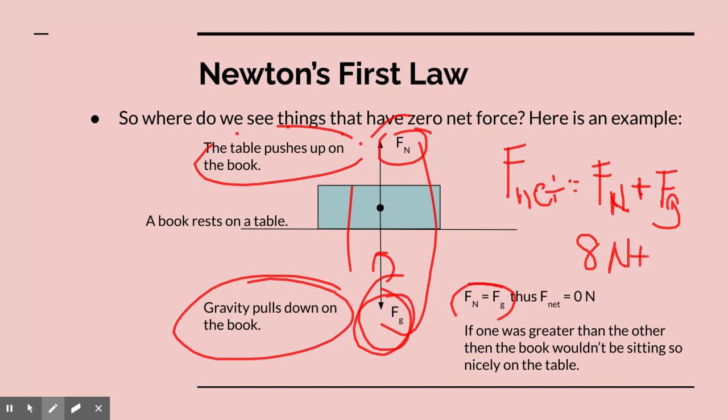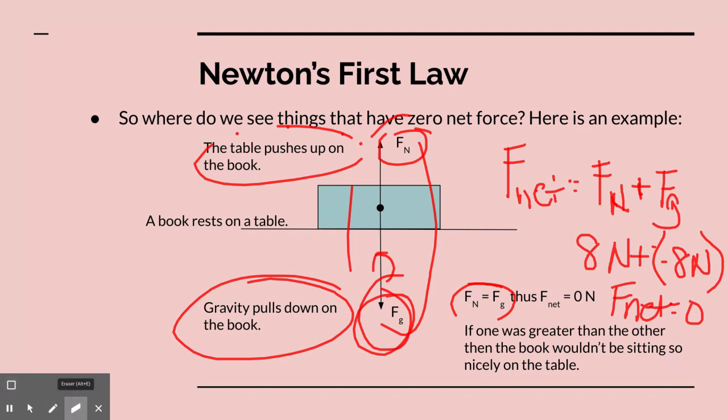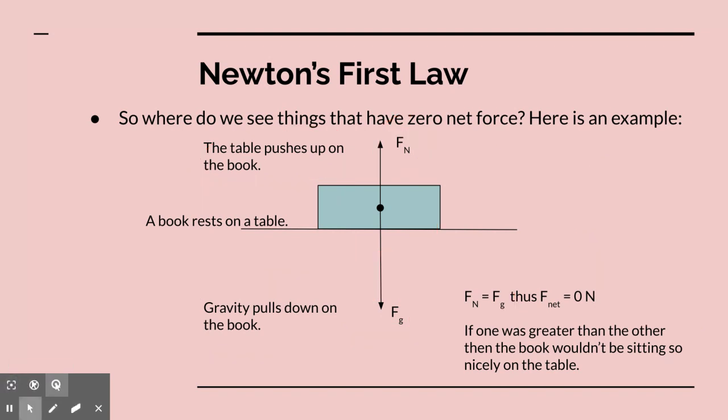If up is our positive direction, then of course the negative direction is going to be down, and it'd be like 8 newtons plus a negative 8 newtons, which is going to give us a net force of 0. Okay. So what does that mean? Oh yeah, remember we're using vectors, so direction matters, and when direction matters, it'll change our values here. Okay.